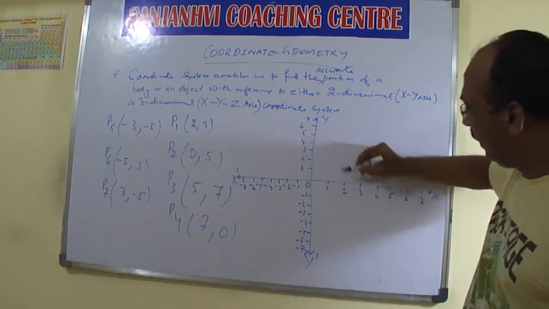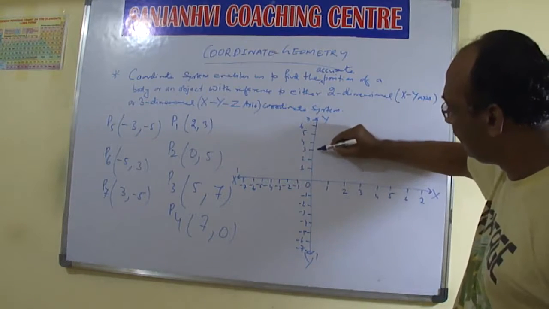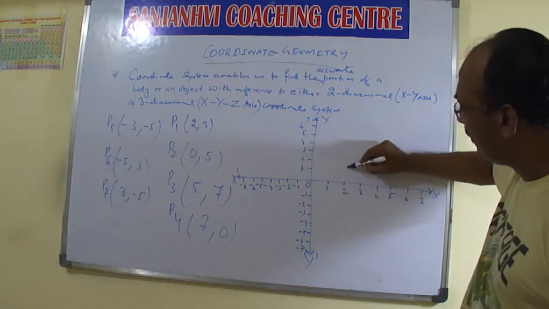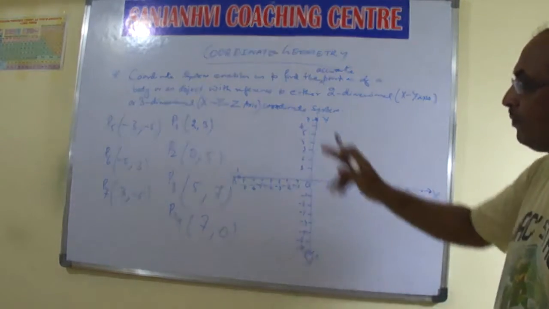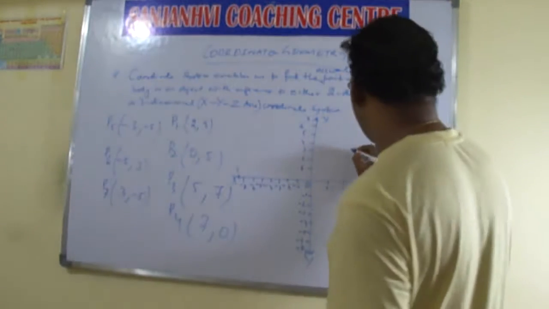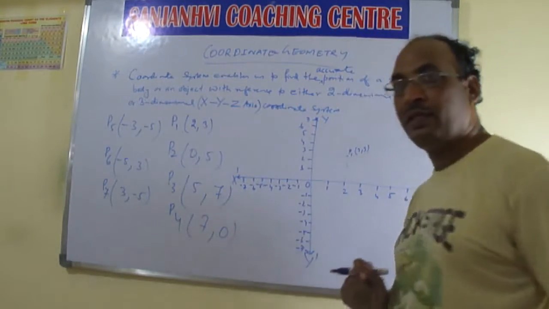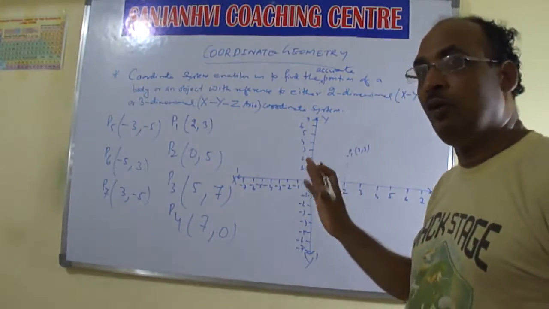So the point will be like this, and we can say this is P1 (2, 3). On graph paper, when you make it, it will be perfect.